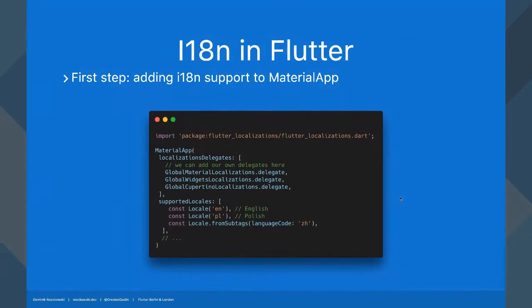In Polish, it would be cofnij. This is the first thing that you will do if you want to add language support to your app. Just add these delegates, and we'll see in a moment in detail what they are actually doing.